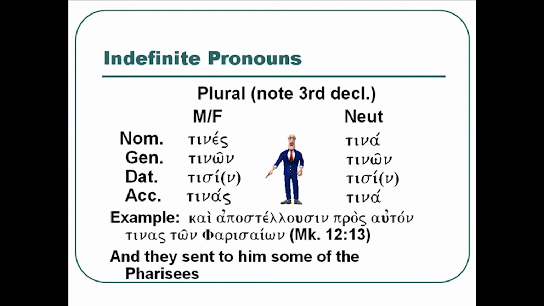Now you'll notice that tinas, our indefinite pronoun some, does not take the accent because the preceding word auton has an accent on the ultima, and therefore the accent slides off the tinas form. Some of the Pharisees, Pharisaion. So this is just the use of this indefinite pronoun: someone, something, anything, anyone.